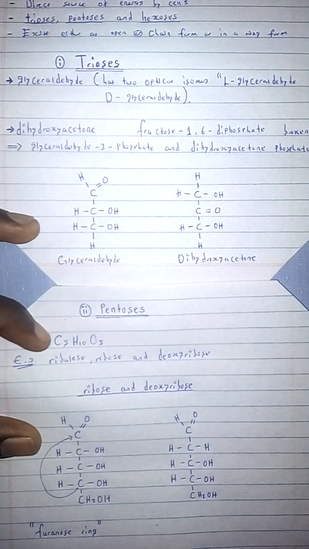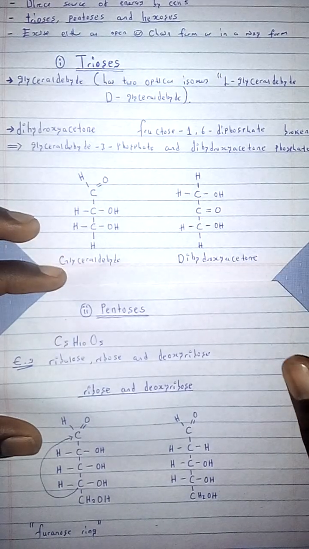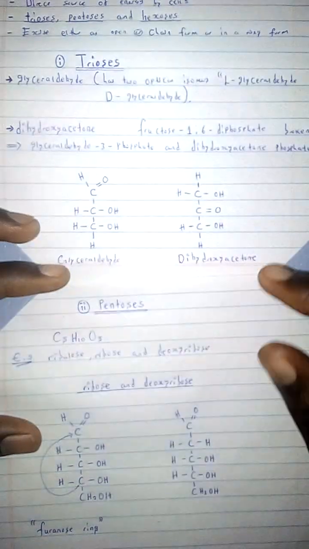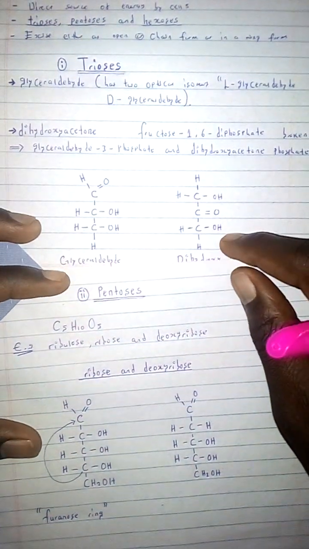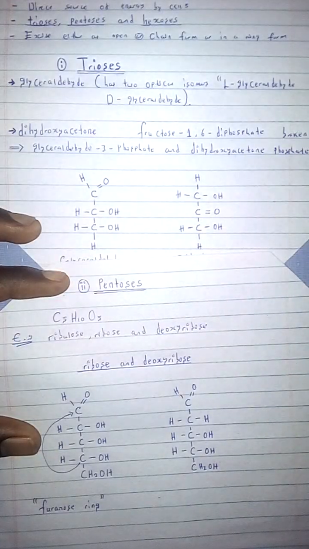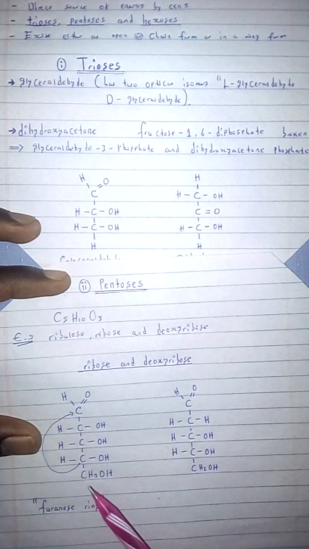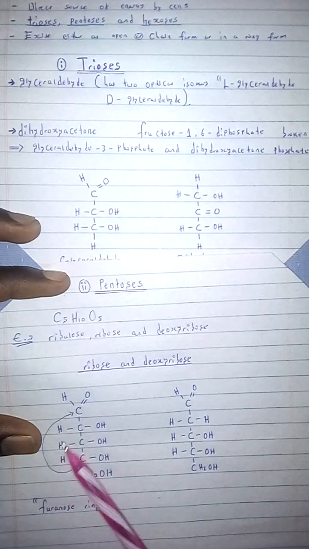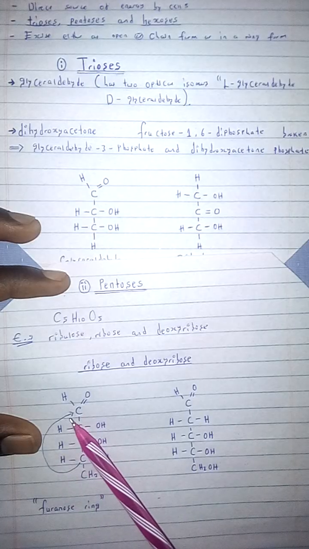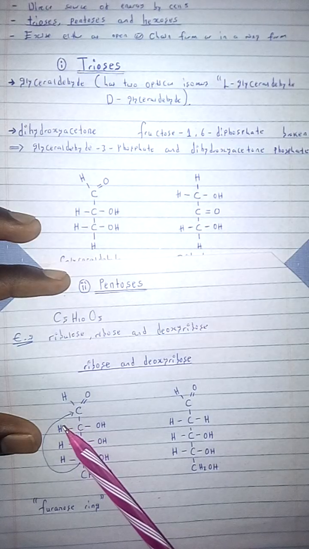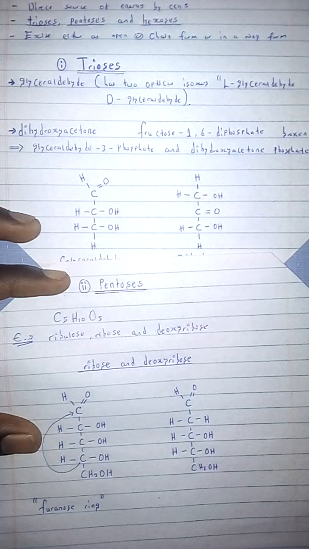So what simply happens now? The oxygen of carbon 4 will link with carbon 1 to form a closed ring. So this oxygen will link with carbon 1 to form a closed ring. And this can simply be expressed diagrammatically.